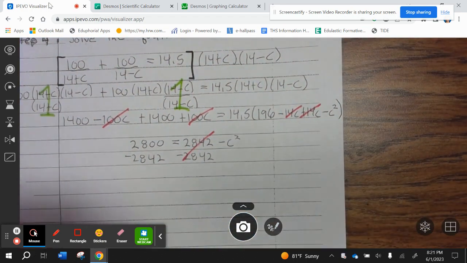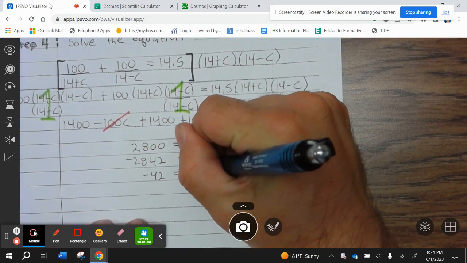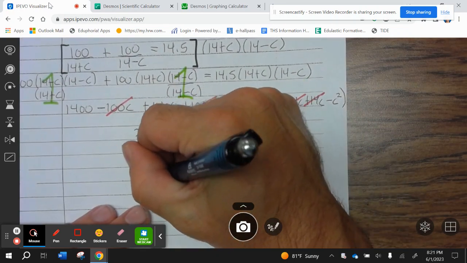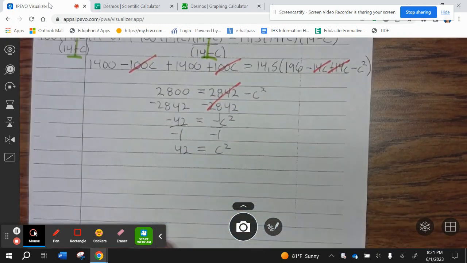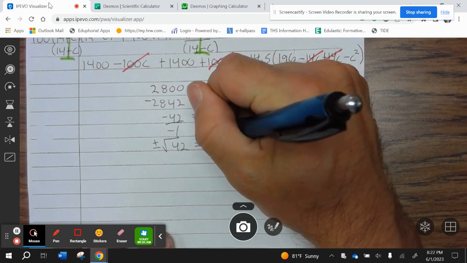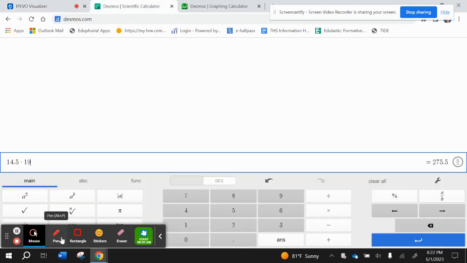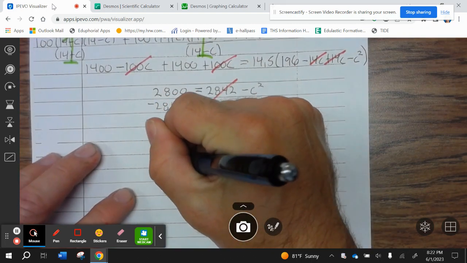You get negative 42 equals negative C squared. Divide by negative 1. You get 42 equals C squared. Take the square root of both sides. Remember, it's plus or minus. Square root of 42 is 6.5. Plus or minus 6.5.